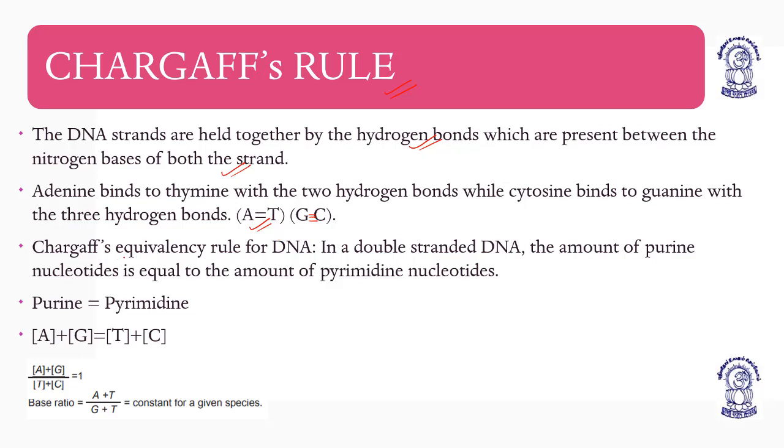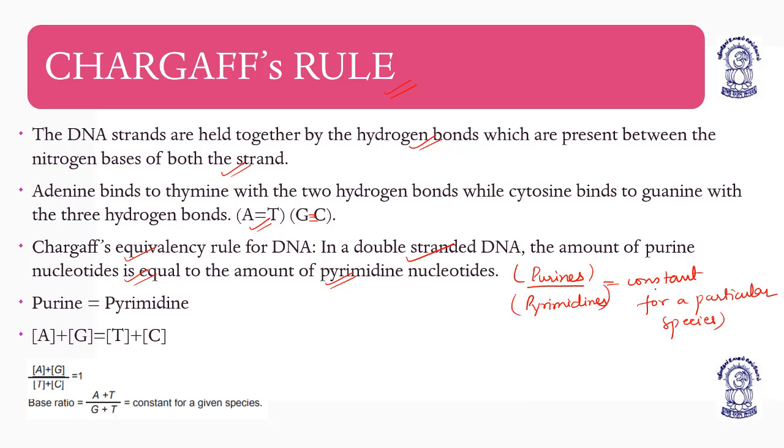Chargaff's equivalency rule says that in a double-stranded DNA, the amount of purine nucleotides should be equal to the amount of pyrimidine nucleotides. The amount of purines and the amount of pyrimidines are constant for a particular species.